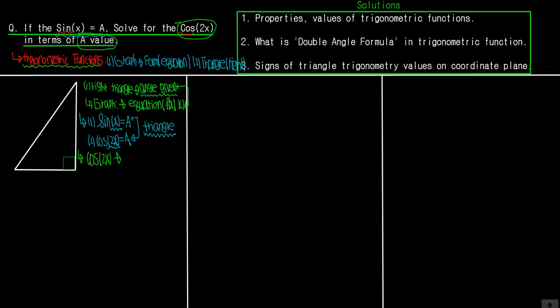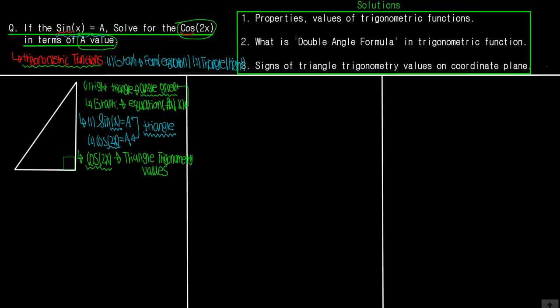What is the first thing that we need to know? Well, we need to know the cosine, sine, and tangent, which means we need to know the triangle trigonometry, or our trigonometric function values. So let's get through it.